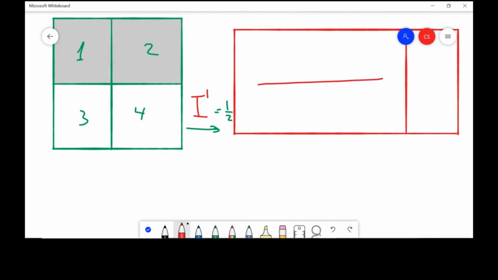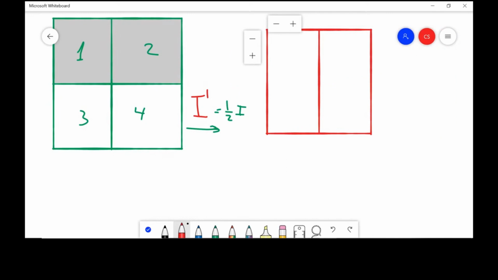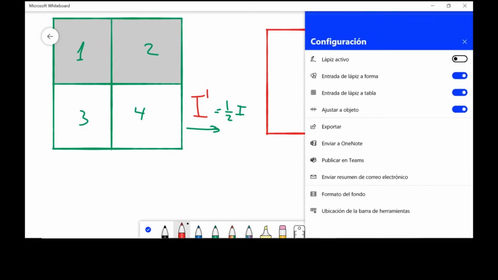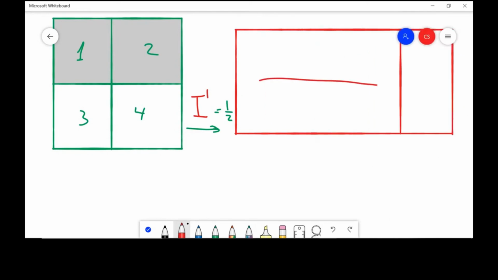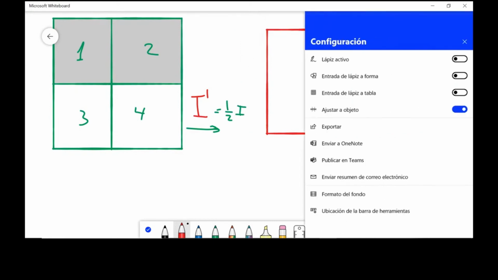Okay. Bueno. Esto es molesto. ¿Cómo se hace para cambiar el comportamiento de esto? Me parece que es aquí, ¿no? Entrada de lápiz a forma. Pues no. Pensé que era eso. ¿El qué?